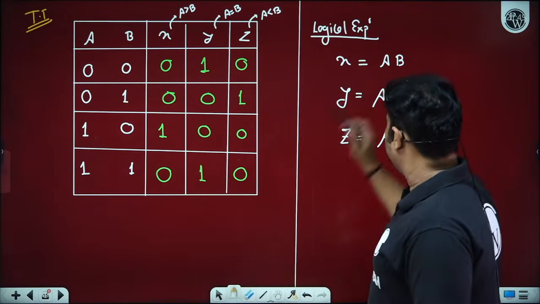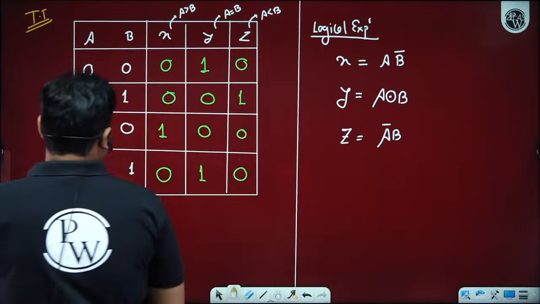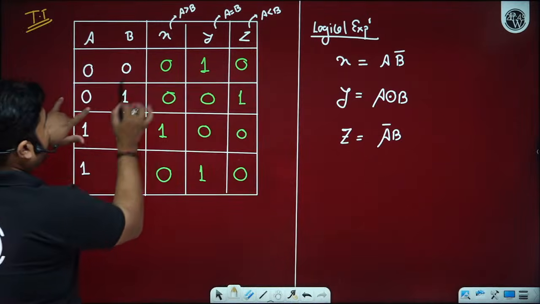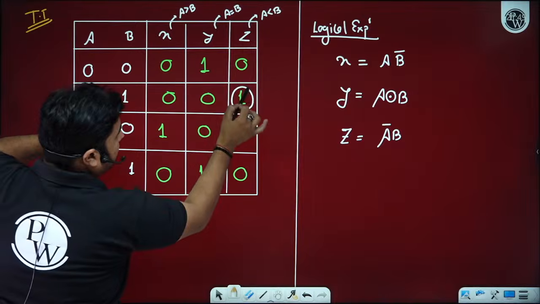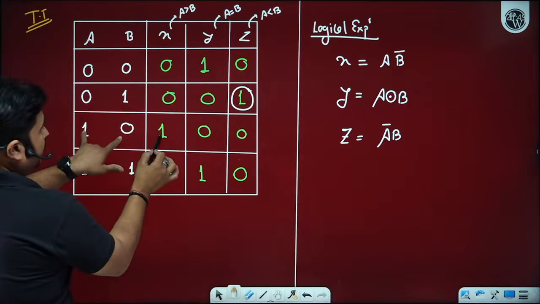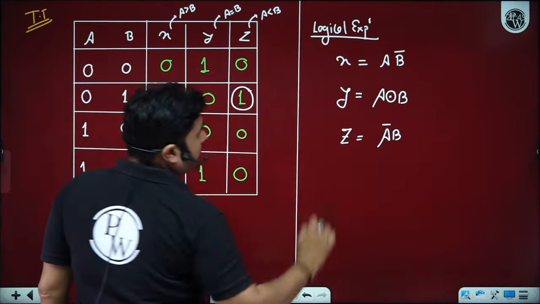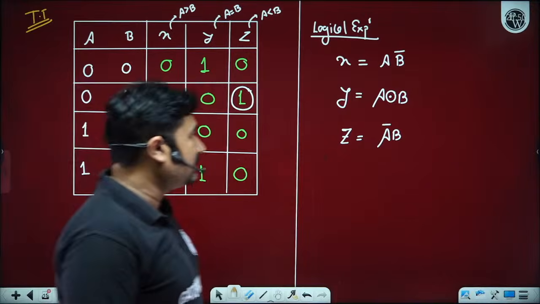For X it is A B bar and for Z it is A bar B. Please do the correction, beta ji. So for Z we have A bar B, and for X we have A B bar. Please do the correction of X and Z. Okay, rest everything is okay.